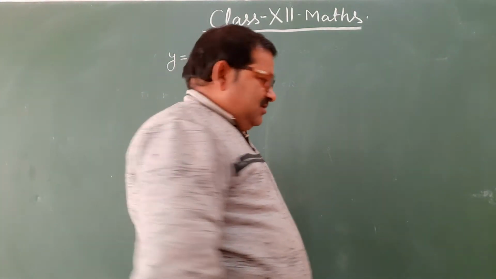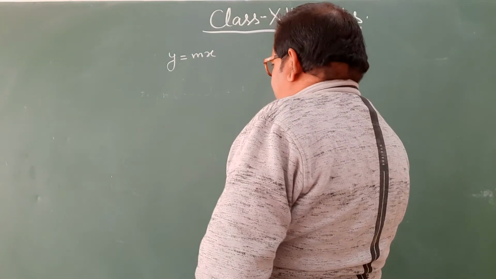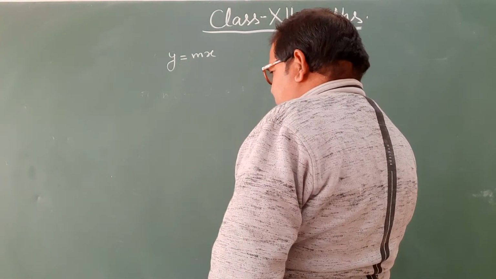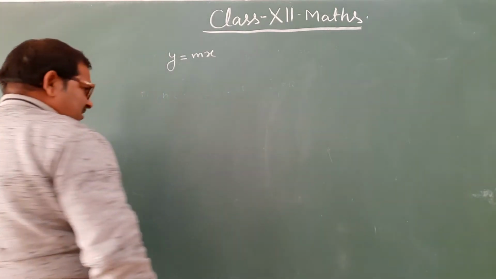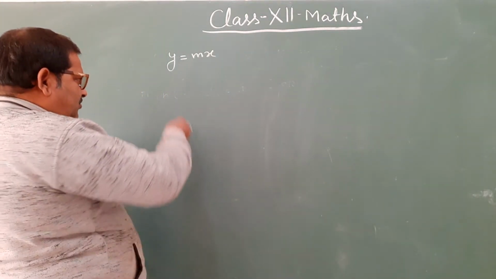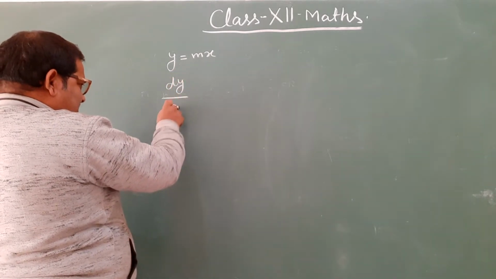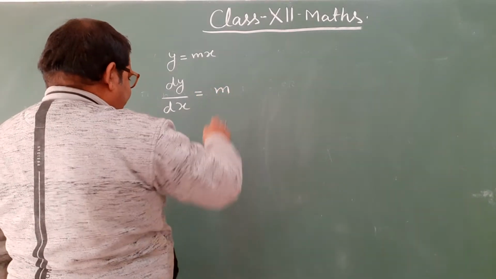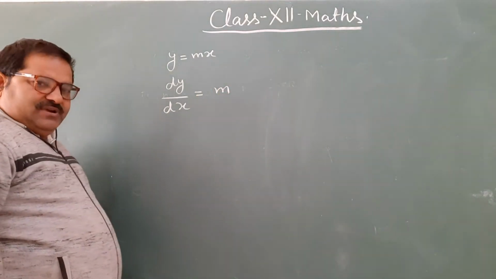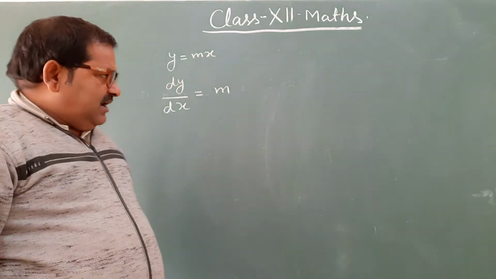For example, y equal to mx. This is an equation with one arbitrary constant. Now differentiate this equation: dy by dx equal to m.